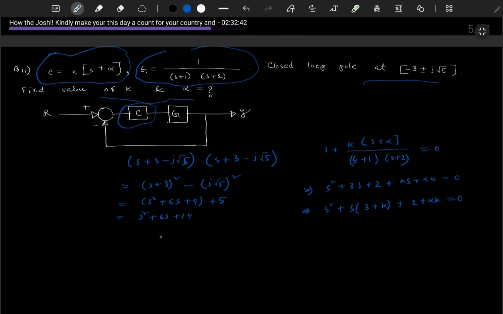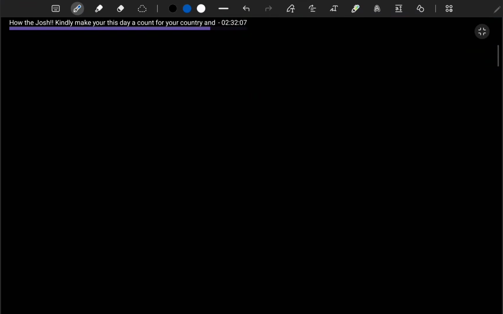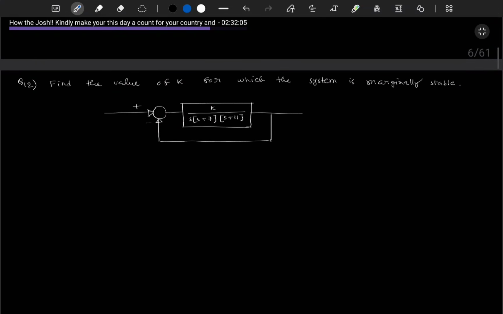Now we can equate these two. 3 plus K equal to 6, so K equal to 3. 2 plus alpha K equal to 14, equal to alpha into 3, so alpha equal to 4. So K equal to 3 and alpha equal to 4. These are the answers. So time is going on very fast. We need to speed up.